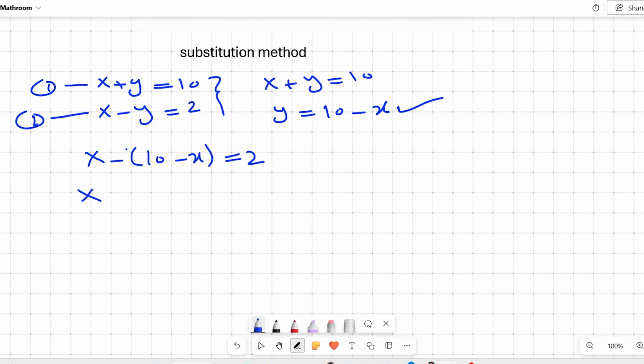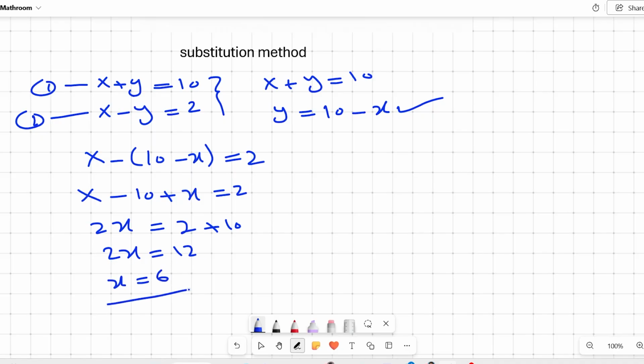X minus 10, then minus times minus x is plus x, equal to 2. X plus x is 2x. We move minus 10 to the right side, it becomes plus 10. 2x is equal to 12. We divide both sides by 2 and x becomes 6.